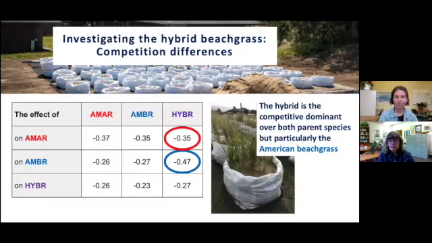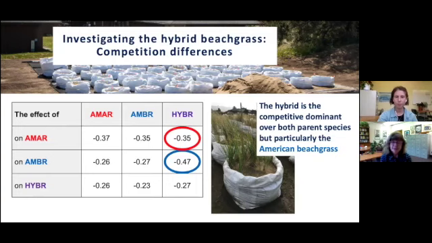And then we also looked at the competition between the species, and this graph just shows the competitive effects of one species on another. And the competitive effects are negative, but one of the things that you can see is that the hybrid was actually the competitive dominant over both of the species. And we would expect this because obviously the hybrid has greater biomass and is growing at a greater rate.